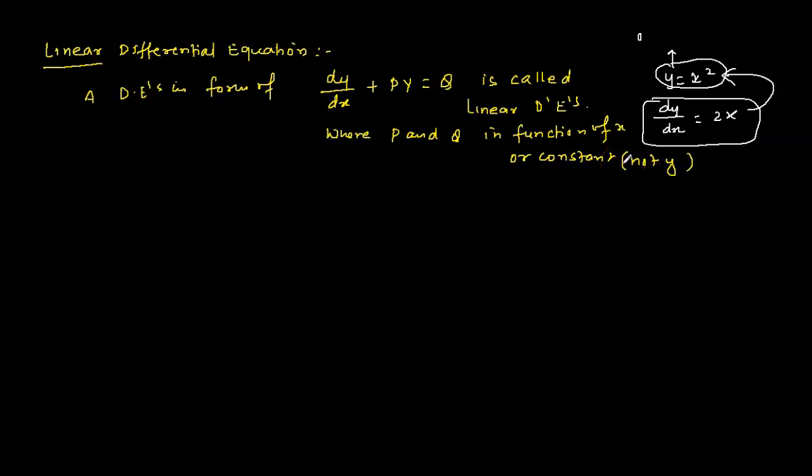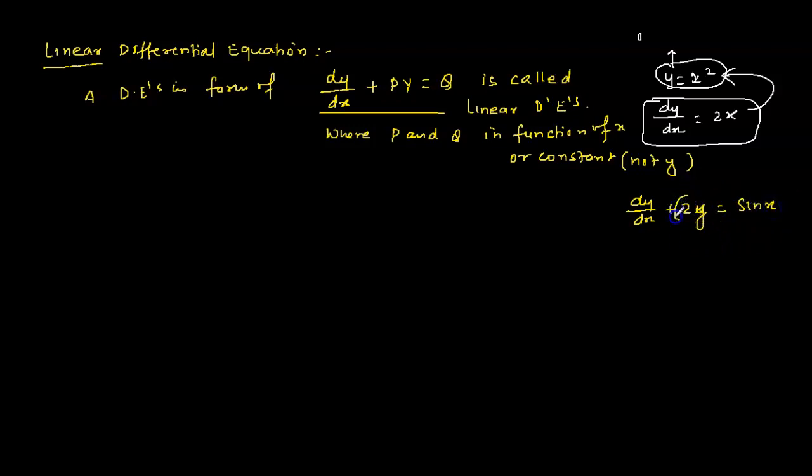I will tell you an example here. First, I will tell you the steps of how to do it. If any differential equation is given in the form of a linear differential equation, meaning this format, dy by dx plus py is equal to q, like here for example, you can write dy by dx plus 2y is equal to sine of x.